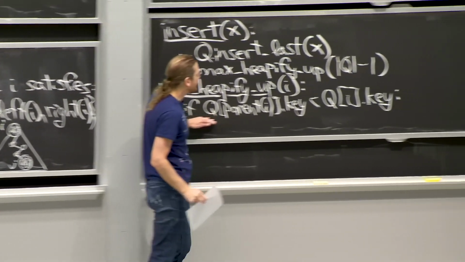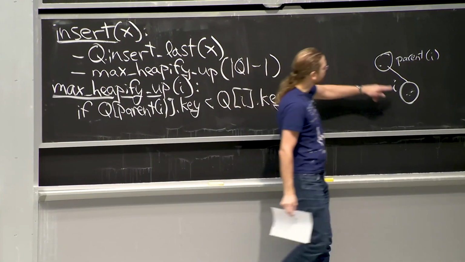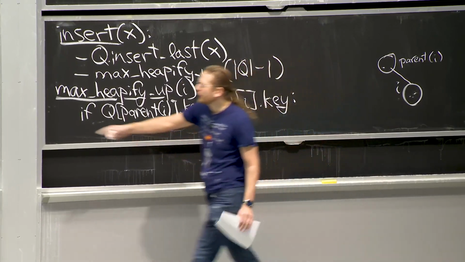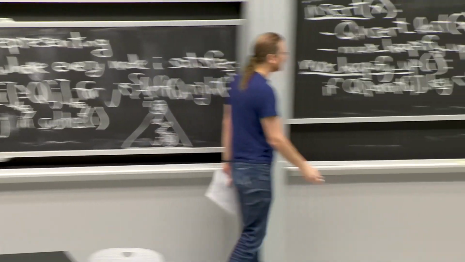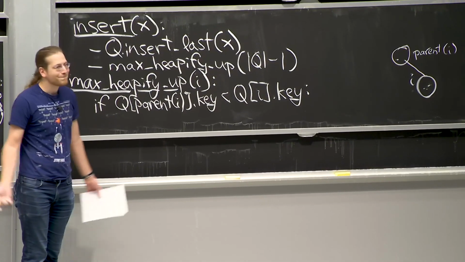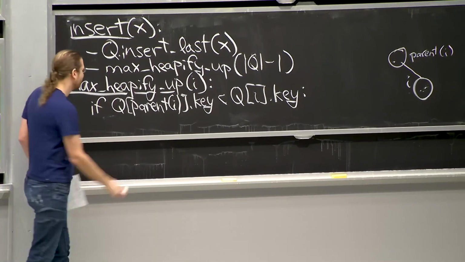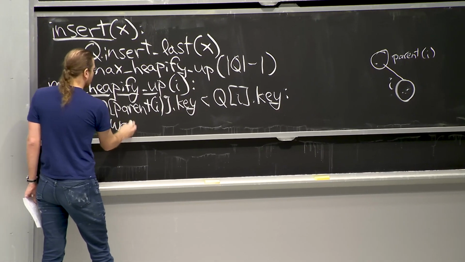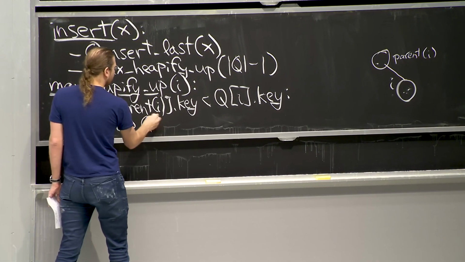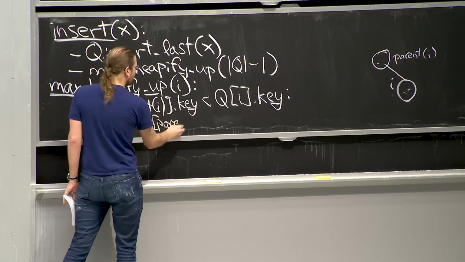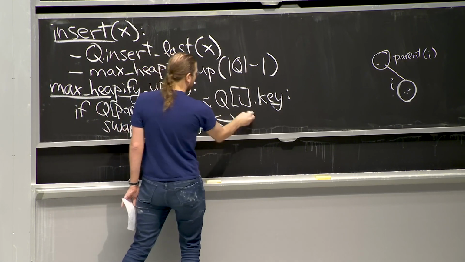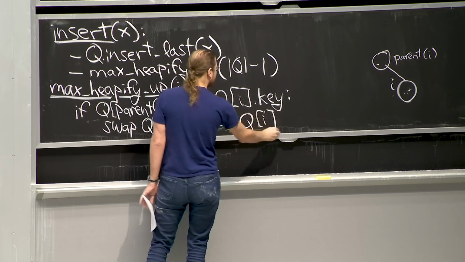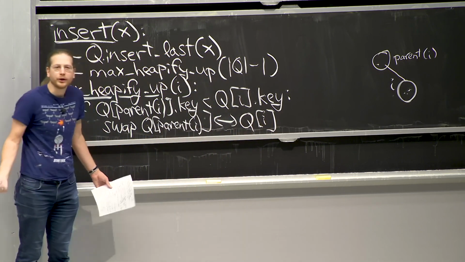So this is the bad case. This is if the parent is smaller than the child. We wanted the parent to always be greater than or equal to its children. So in that case, what can we do? Swap them. Let's swap Q parent of I with Q of I. Now they're in the right order.